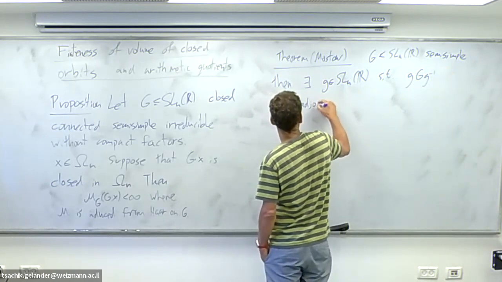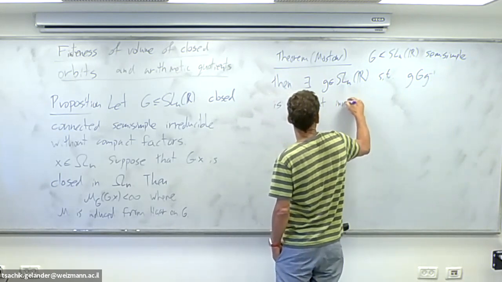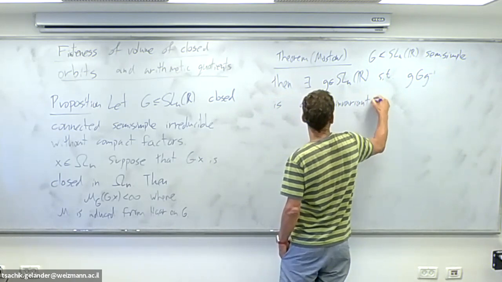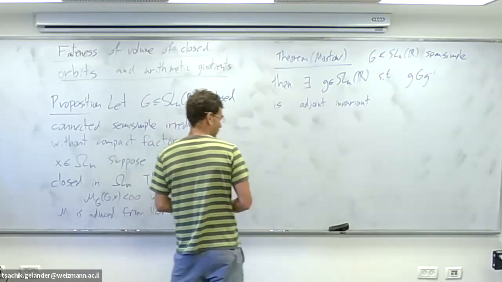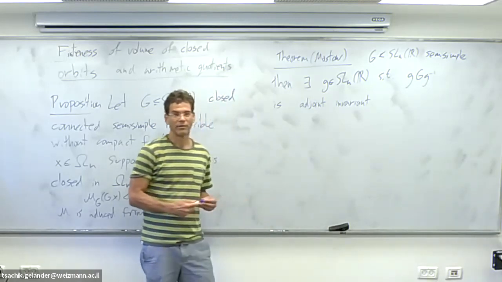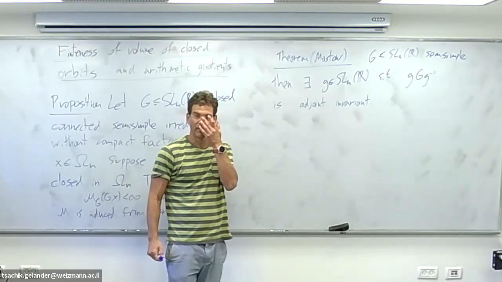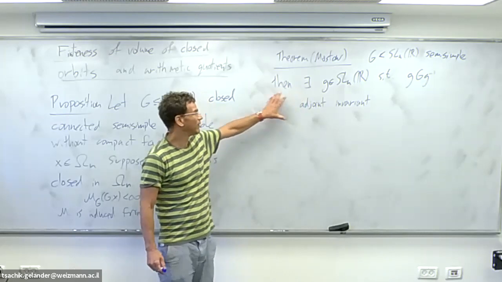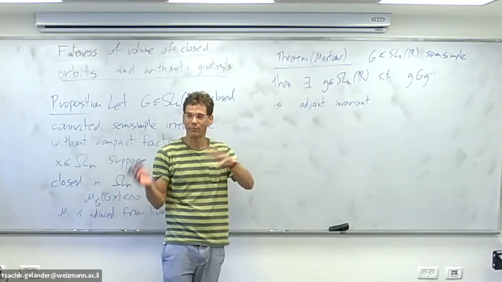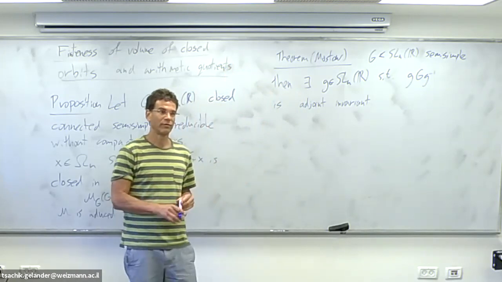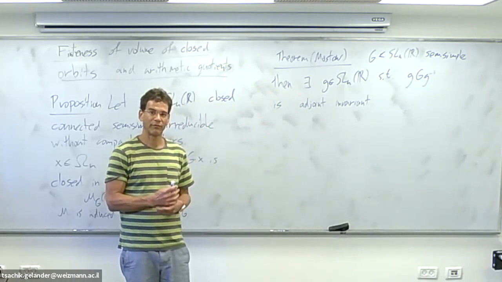Adjoint invariant. So that's the theorem of Mostow, which you should keep in mind. Every semi-simple group inside SL_n you can conjugate to be transpose invariant. It's very useful.